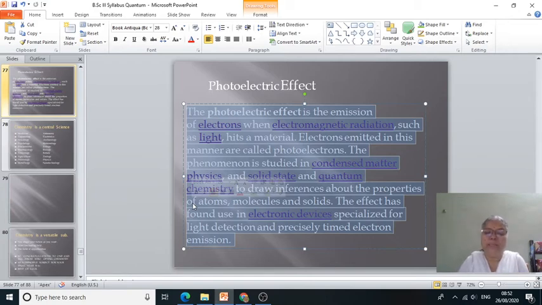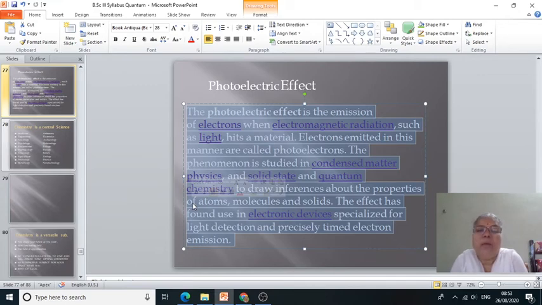The kinetic energy of ejected electrons varies directly with the increase in frequency, and if we plot the graph of kinetic energy versus the frequency of incident light, we get a straight line graph with an intercept on the x-axis. Here the value of h is obtained from the slope and it is the same as given in Planck's hypothesis.